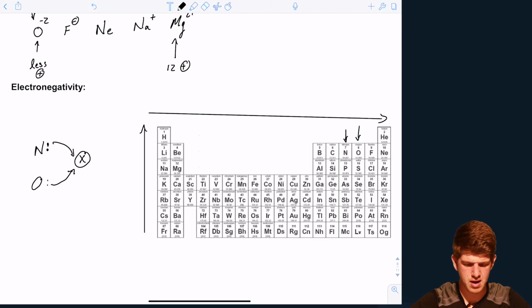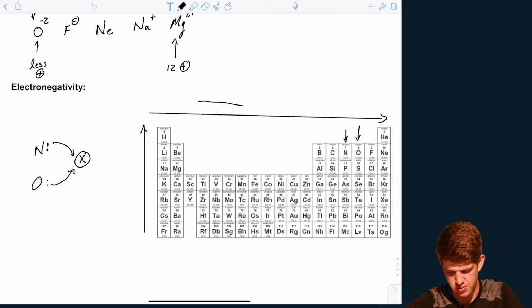If electronegativity is the greediness of atoms, and I know that this trend is to the right, that means that oxygen is more greedy than nitrogen.